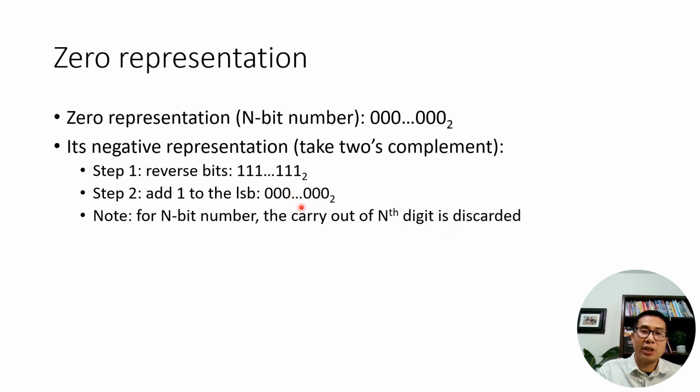Then the result is also 0, which means that the negative version of 0 is also 0, so they have the same representation. They don't have different representations for 0 like the sign magnitude approach.